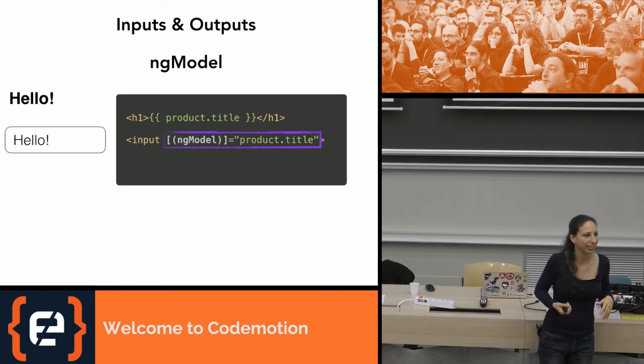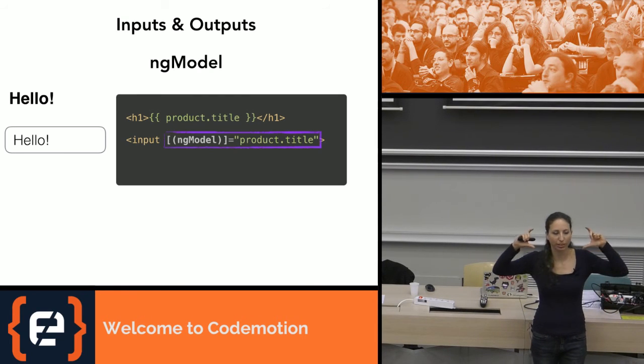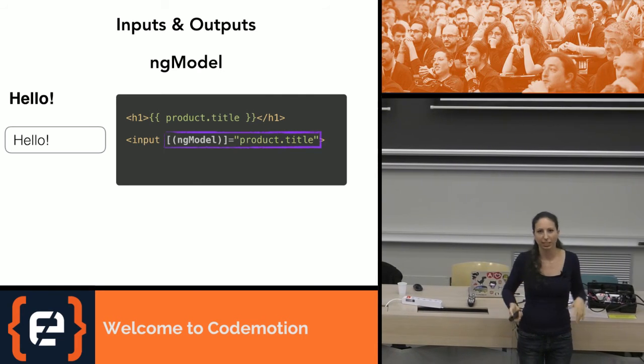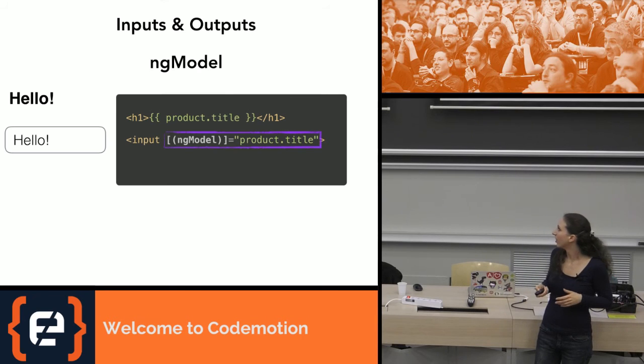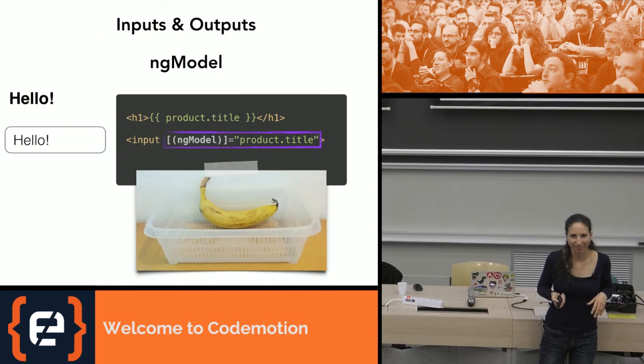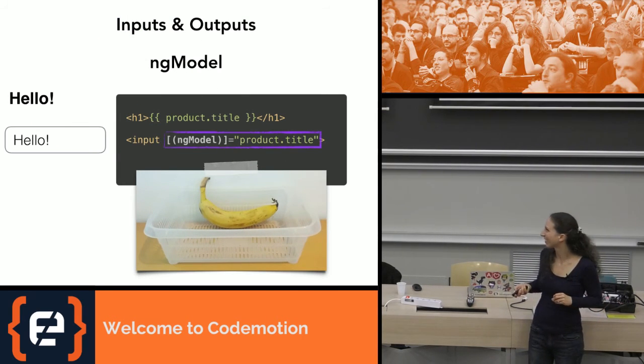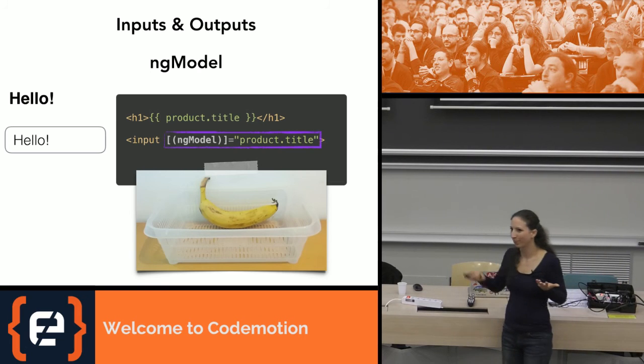So how will we remember this order, that to put the square ones first outside and then the circular ones, the parentheses? So in Angular, they thought about it a lot, and they came up with the image of a banana in a box. Okay. All right, so that's how you remember it.